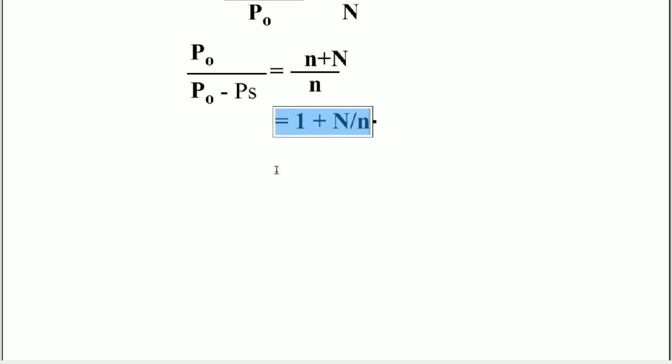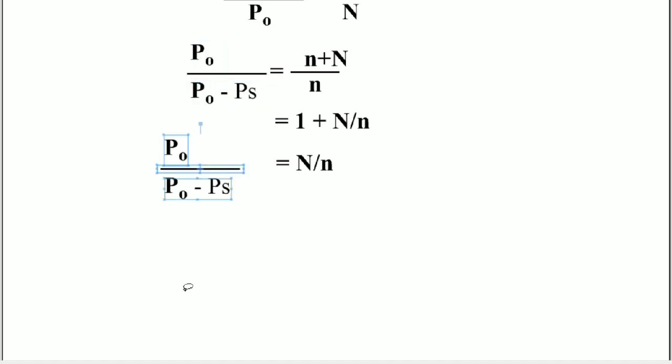Students, when we bring this 1 to the left-hand side, the equation becomes P naught by P naught minus PS minus 1 is equal to capital N by small n.